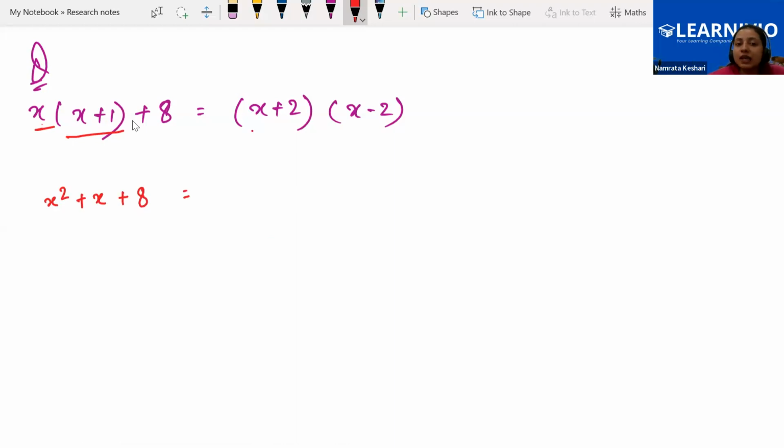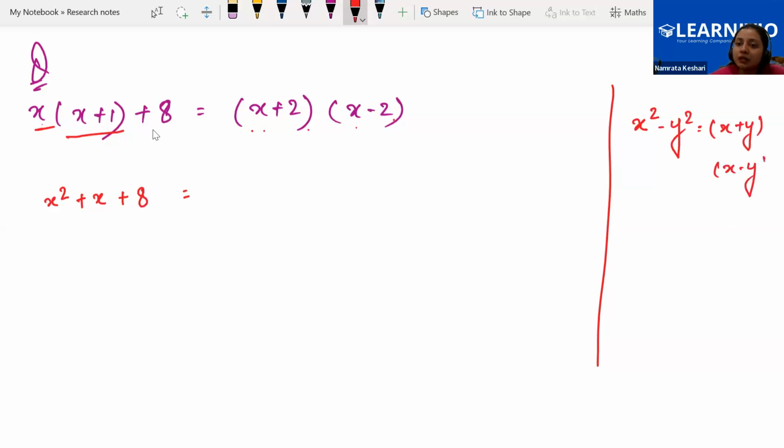Then does it look like (x + y) and (x - y)? The formula we were having, x square minus y square, is (x + y) in one bracket and (x - y) in another bracket. So can we use the formula over here directly? I said to you in the very beginning, for doing the simplification, we need to use the identities which you have learned in the previous class.